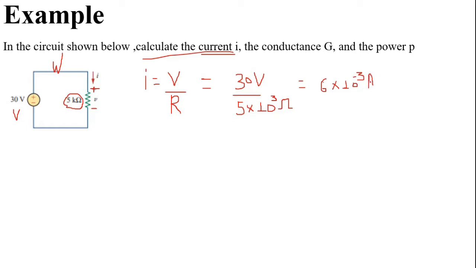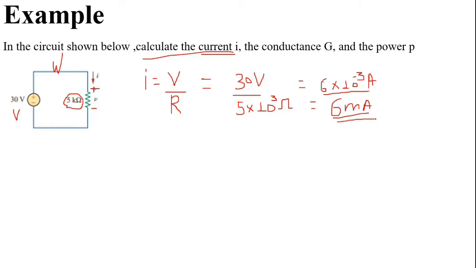We can also express this in milliampere, 6 milliamp. So the current flowing through this circuit is 6 milliampere.